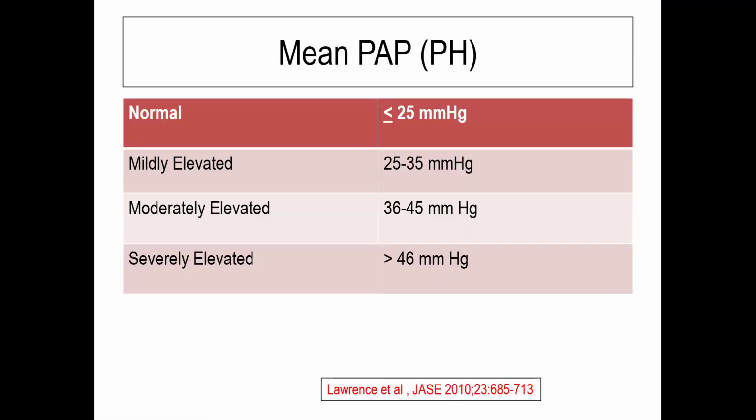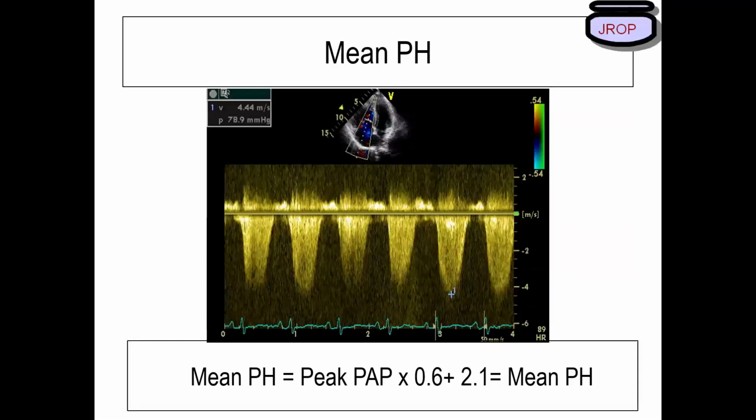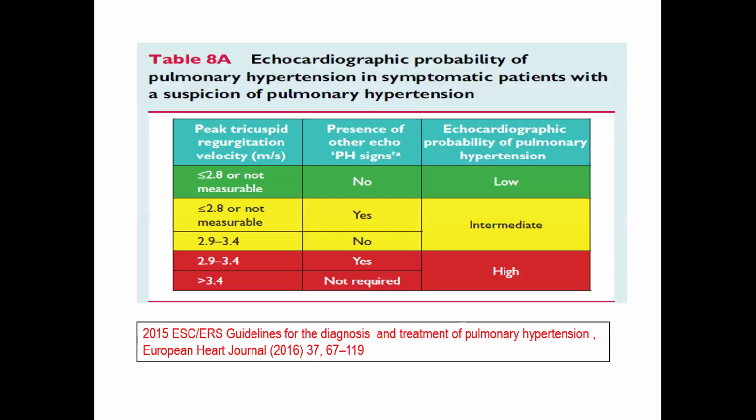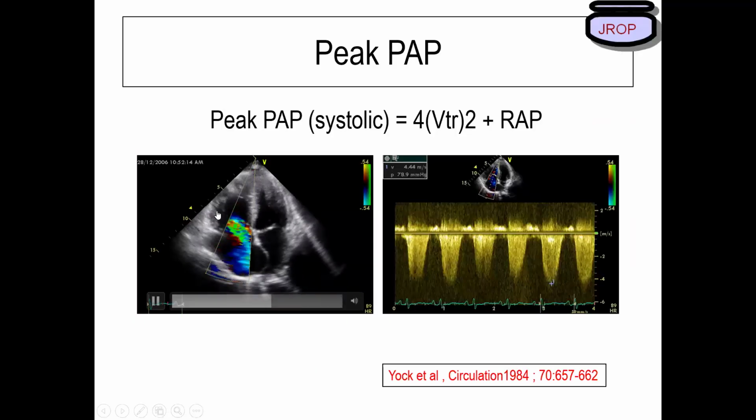And this mean pulmonary artery pressure will help you in telling whether my pulmonary artery pressures are raised or not raised. A catch over here: if my RV is not contracting properly or is hypokinetic, then I'll not be able to generate these gradients.